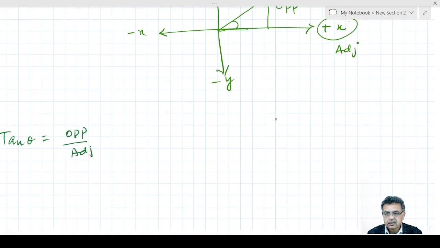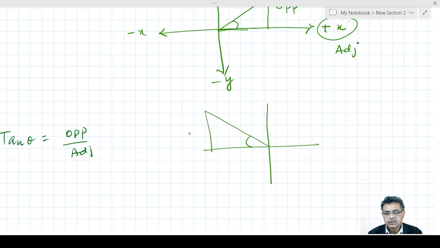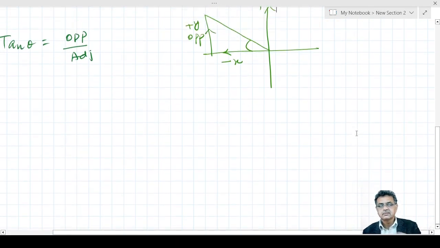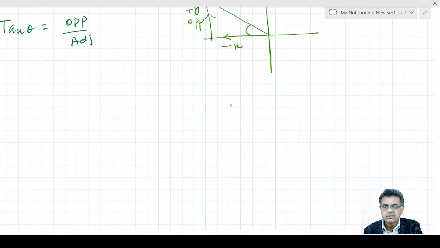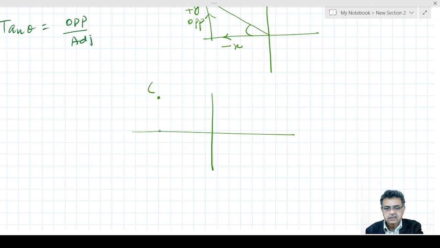For every angle, y is always opposite to that angle considered. Like in the second quadrant, if this angle is considered, this is opposite. If we consider their directions, this is negative x-axis and this is towards positive y. If we mark a point here, its coordinates are 5 units and 3 units.